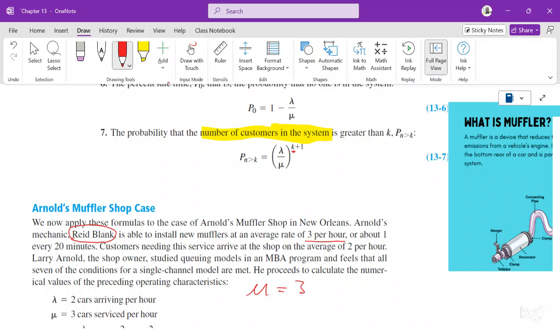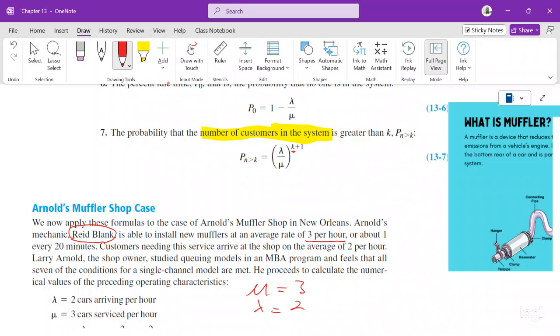Customers needing this service arrive at the shop at an average of 2 cars per hour.